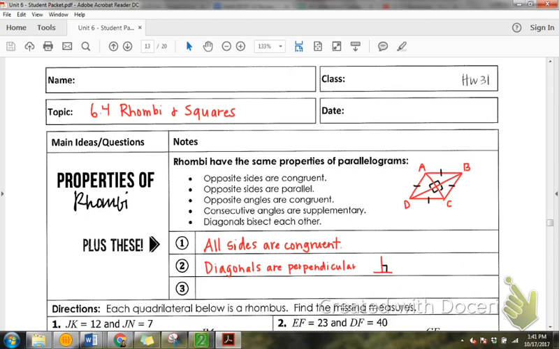And the new thing also about a rhombus is that the diagonals bisect opposite angles. We already know from a parallelogram the opposite angles are congruent, but if it bisects opposite angles, it's going to look like this.